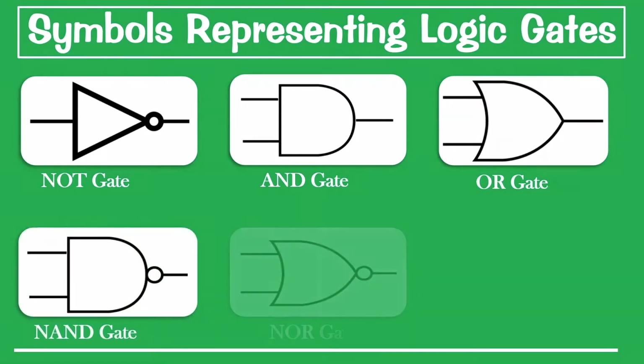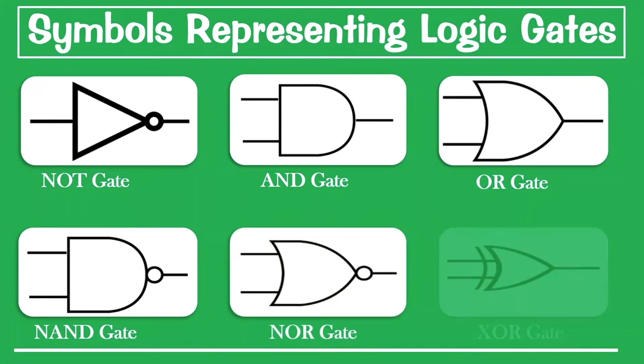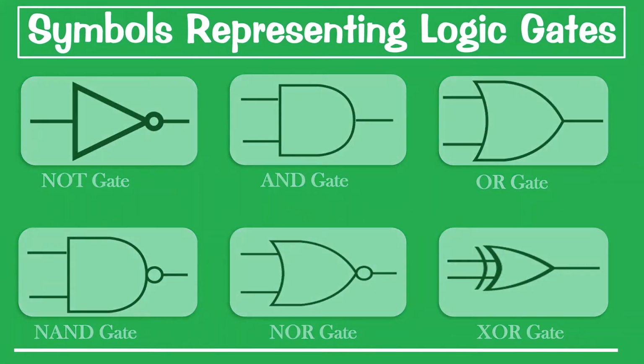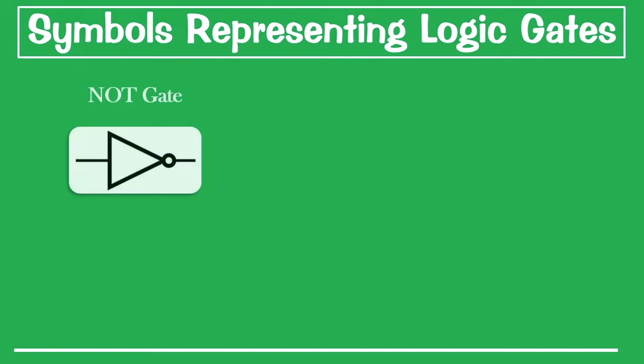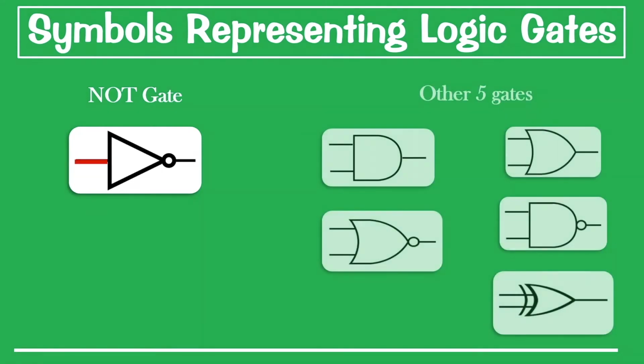Then we have the NOR and XOR gate. Note that when it comes to the NOT gate, it has only one input, but all the others have two inputs, as you can see.